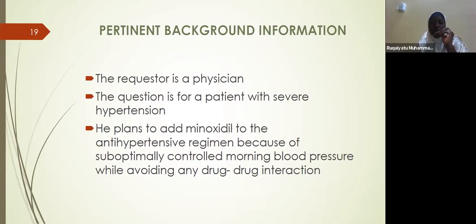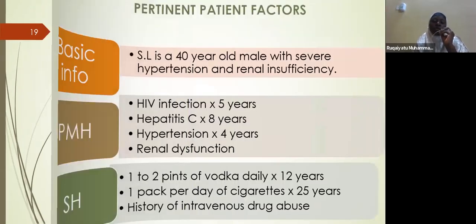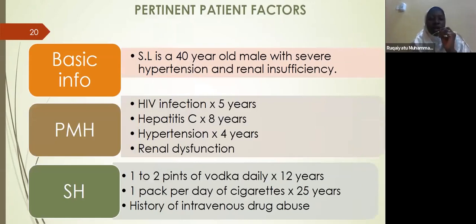So we have to gather our patient database. Going through it, we realize that our patient SL is a 40-year-old male with severe hypertension and renal insufficiency. For his past medical history, he has had HIV infection for the past 5 years, hepatitis C for the past 8 years, hypertension for 4 years, and renal dysfunction.